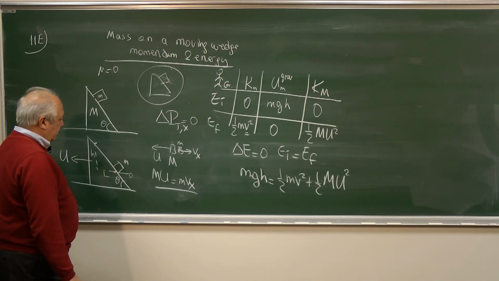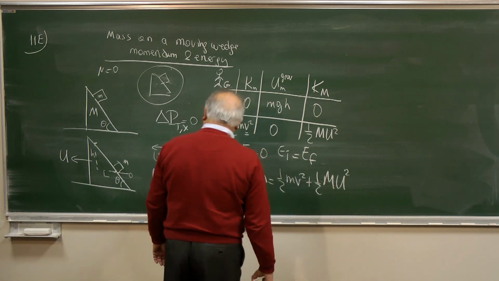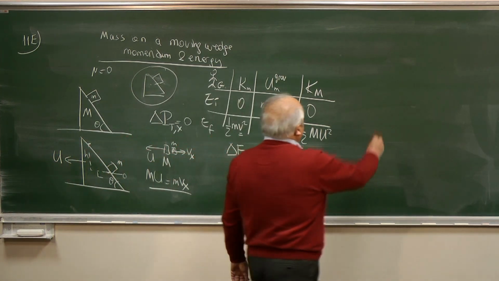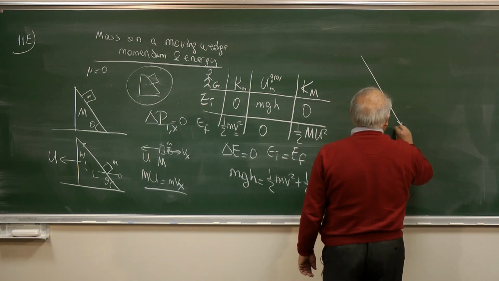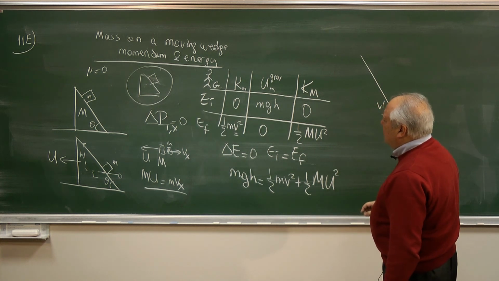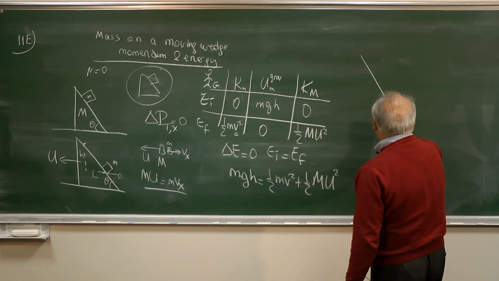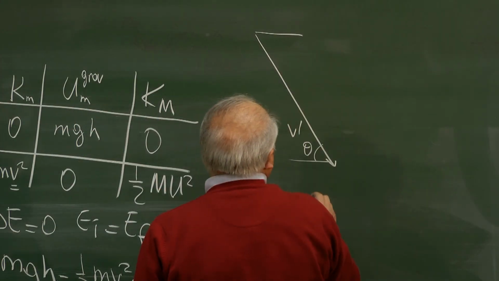Now, V and U are related in this way. If I write this thing as V prime, the velocity of the block with respect to wedge, so that it makes an angle theta. So this is the velocity of the wedge with respect to ground.